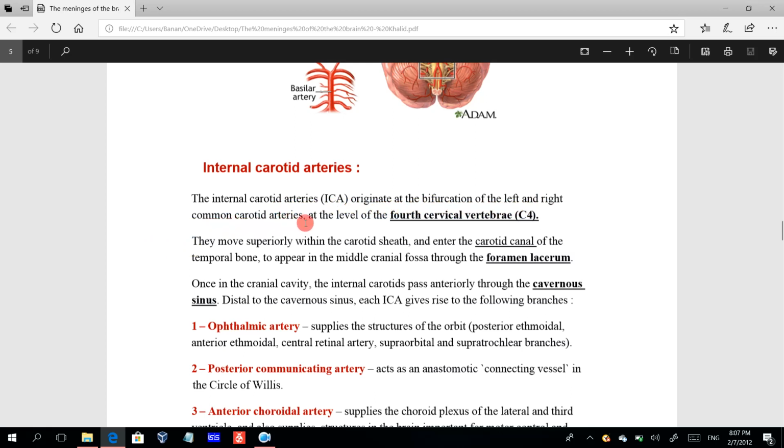And this bifurcation is at the level of the fourth cervical vertebra. At the level of the fourth cervical vertebra, the common carotid artery will be bifurcated into external and internal. And as you know, the internal carotid artery gives no branch in the neck.